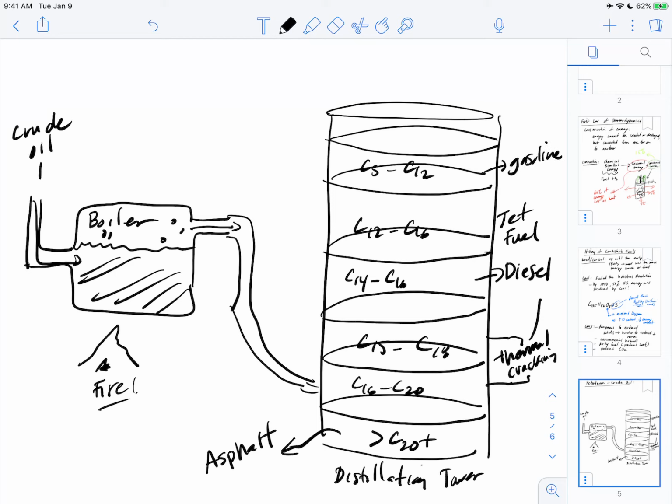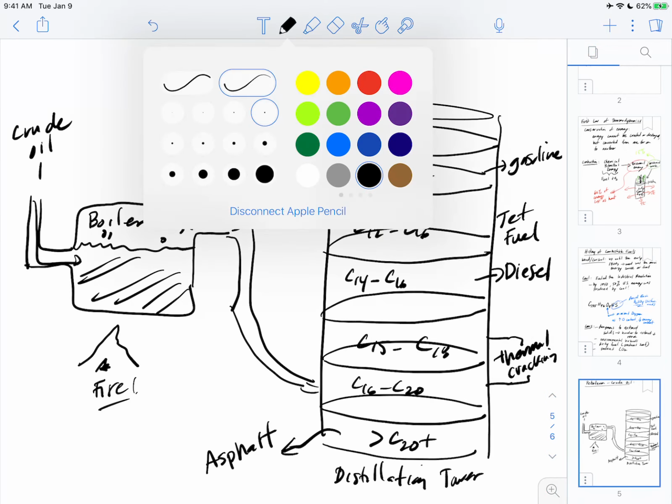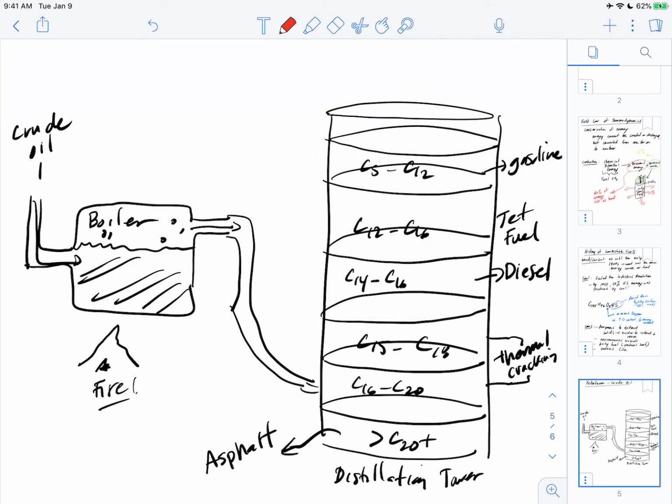Thermal cracking will allow us to take these C15 to C20 hydrocarbons and make them into one of these three.